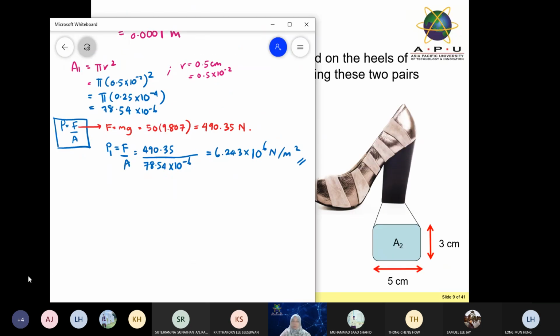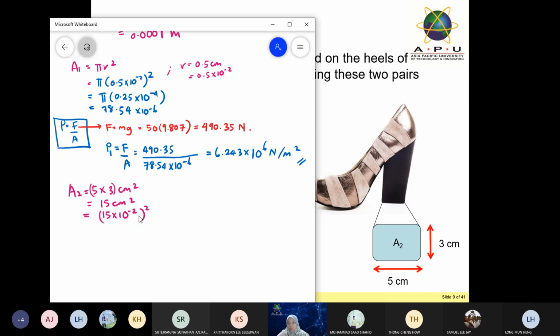A2 equals 5 times 3 centimeter square. So 15 centimeter square. Later need to convert this to meter. 15 times 10 negative 2 to the power of 2.